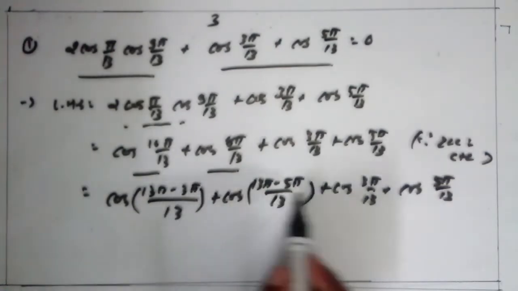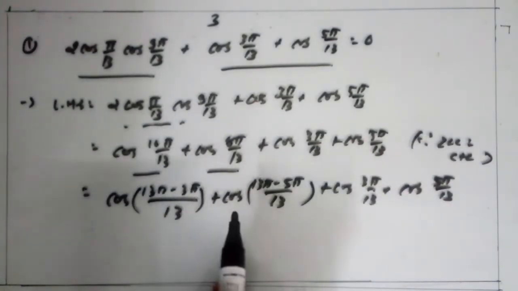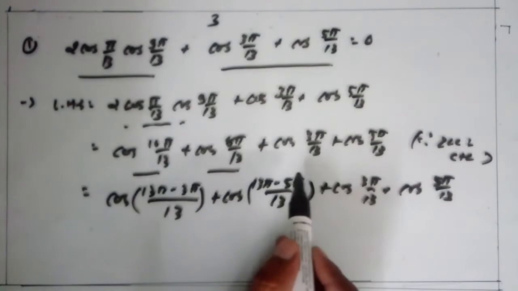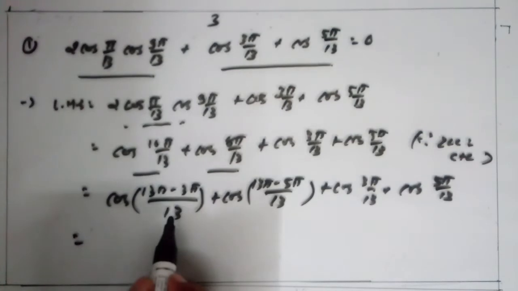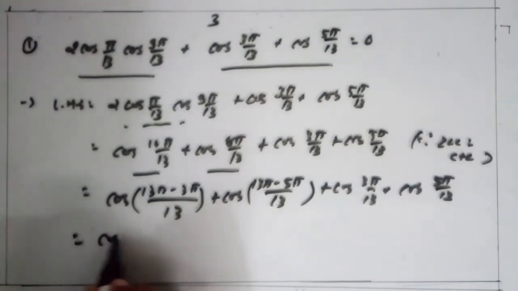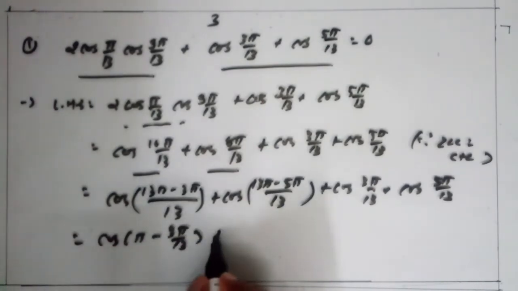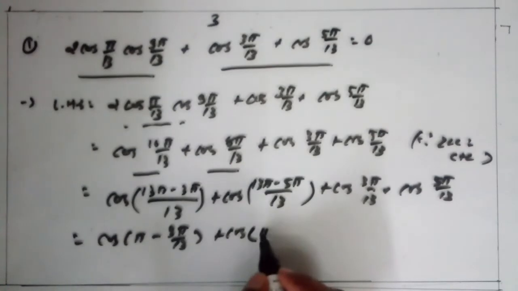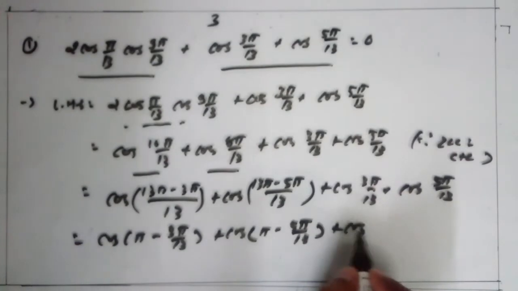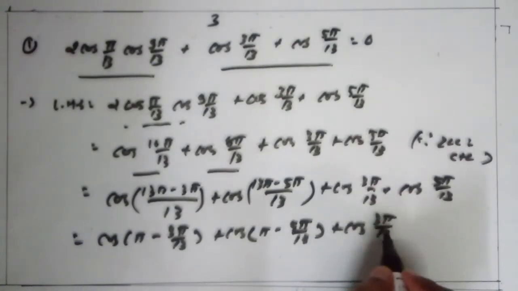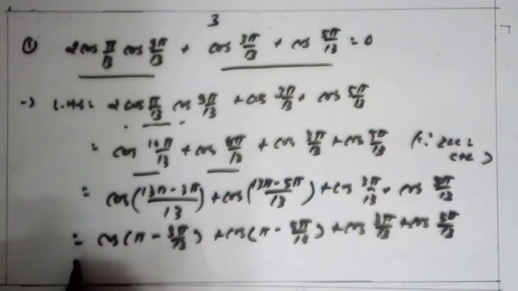Think why we change into this form. Because here cos 3π/13 and cos 5π/13 we get from these terms. Here, dividing by 13, we get cos(π − 3π/13) plus cos(π − 5π/13), plus cos 3π/13 plus cos 5π/13. Okay?